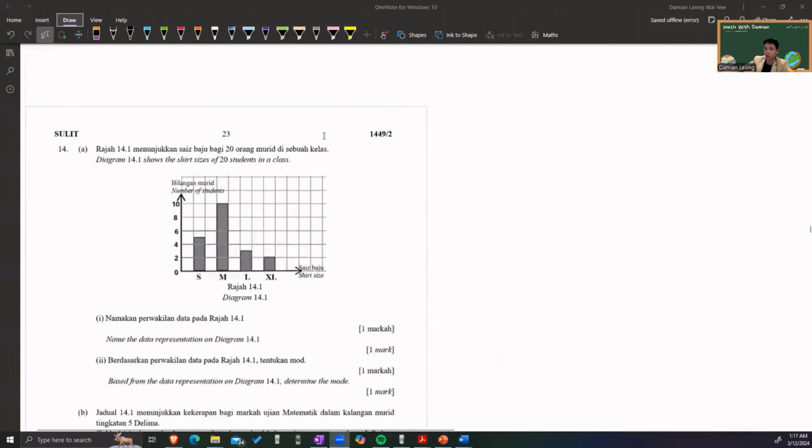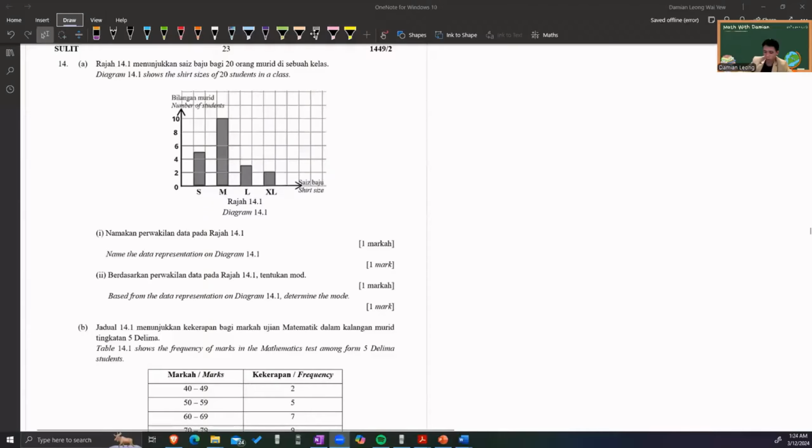Then question 14. Diagram 14.1 shows shirt sizes of 20 students in a class. Name the data representation on diagram 14.1. This one is a bar chart.